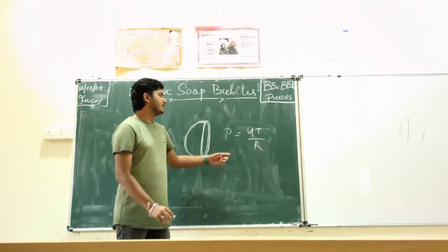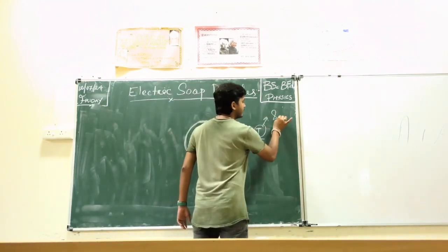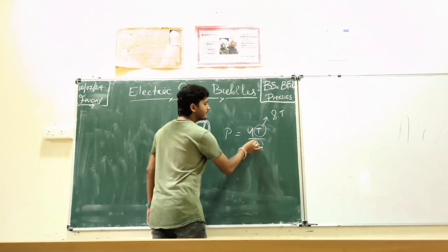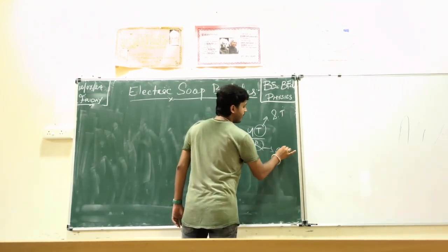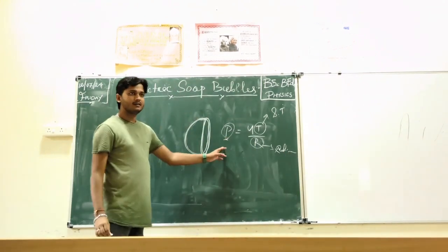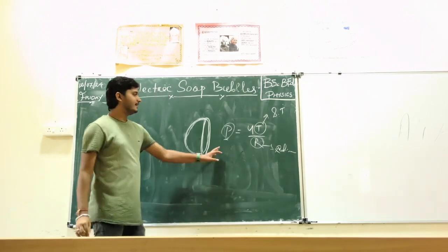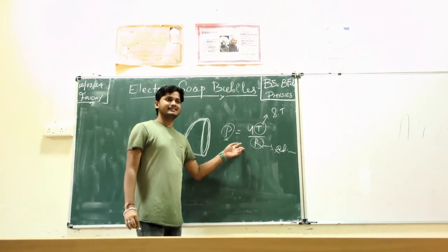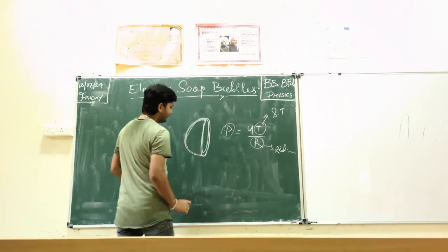Here T is the surface tension, R is the radius of the soap bubble, and P is the pressure. So how does it become? It is in 11th class. Okay, I will tell you.